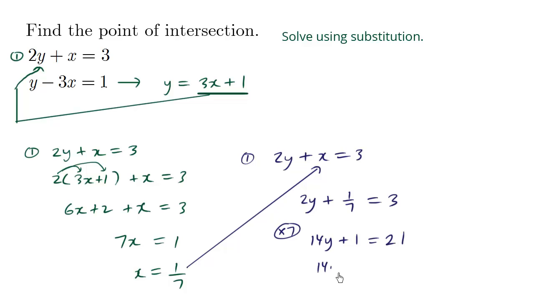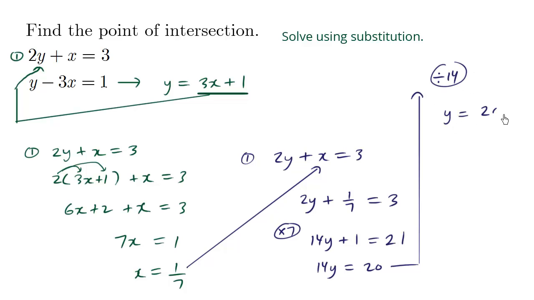So 14y equals 21 minus 1 is 20. Divide both sides by 14, and we get y equals 20 over 14. And you can divide top and bottom by 2, we get 10 over 7. So this here is the same result as before.